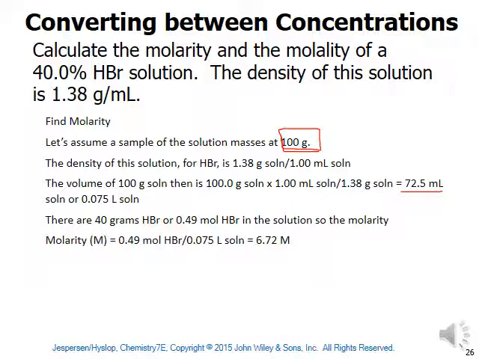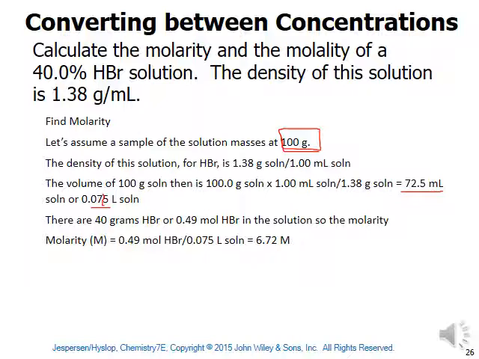And when you do that, you come up with 72.5 mL of solution will hold 100 grams of solution, which is the same thing as 0.0725 liters of solution. Okay, and then what we want to do is figure out how many moles is 40 grams.